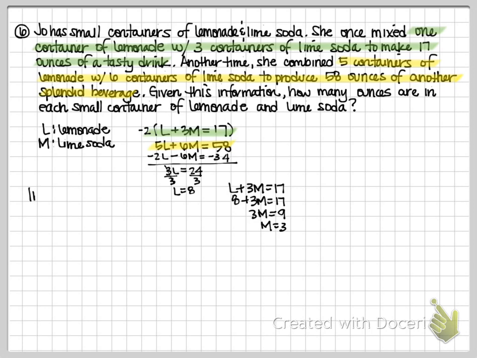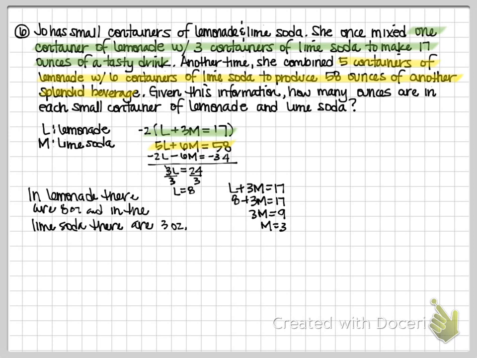So in lemonade, there are, and however many answers we got for L, which is 8, there are 8 ounces. And in the lime soda, there are, and then whatever our answer was, which was 3. So identify your variables, make sure that you write equations appropriate to the situation, and then answer the question.